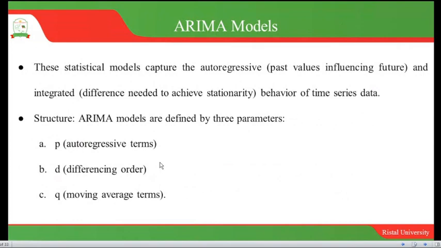And for the integrated part, we need differencing to be able to achieve a certain behavior by using the method that we have also called the time series method. And the ARIMA method is also very useful when we are analyzing and forecasting data that exhibits complex patterns.